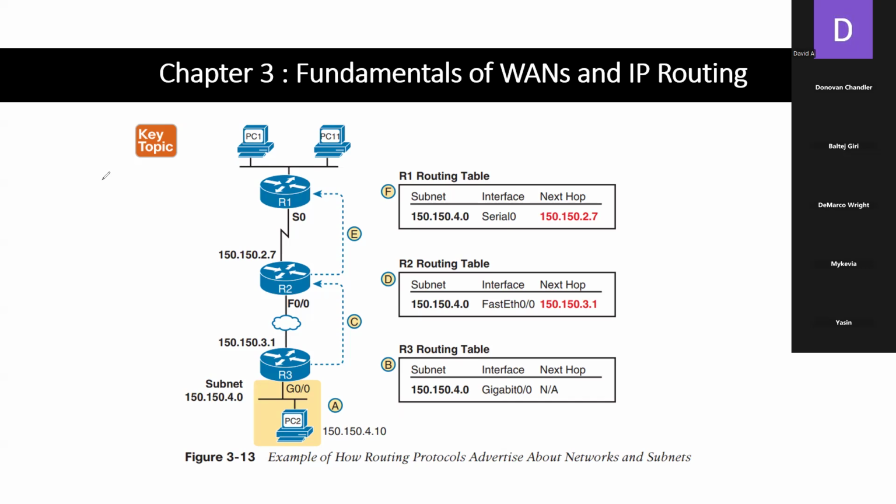Step 3, each router's routing protocol listens to messages from neighboring routers and learns routes, with the next hop router of the route typically being the neighbor from which the route was learned. I'll say it again.